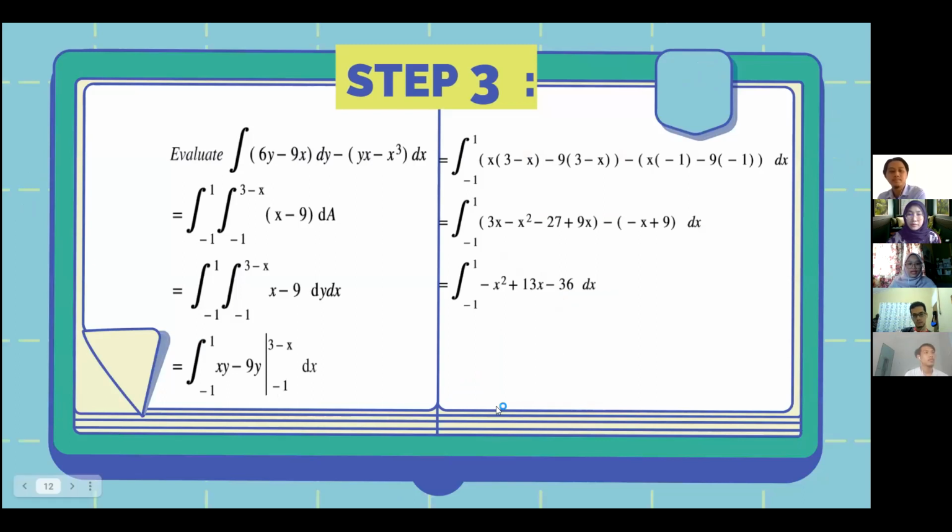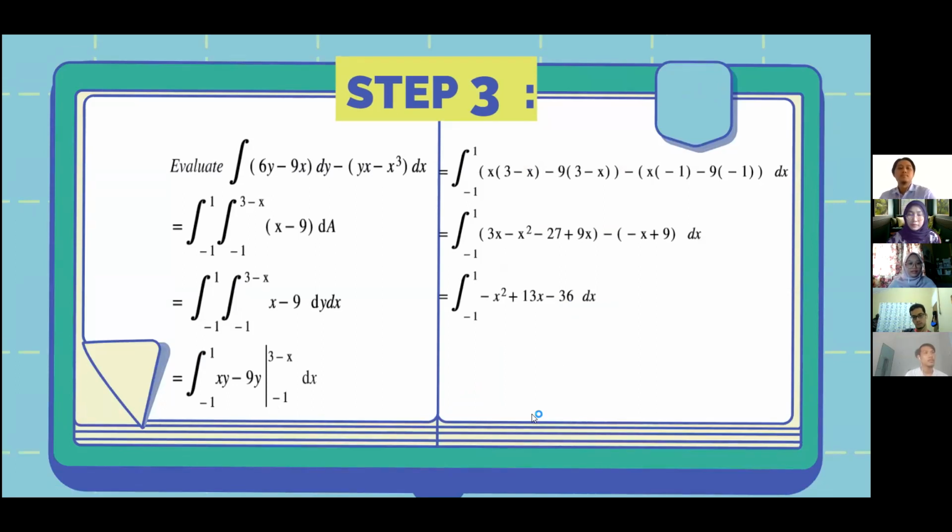Okay, for the final step, step 3, we need to evaluate the integral of (6y minus 9x) dy minus (yx minus x cubed) dx. From step 2, we know that the x interval is from -1 to 1 and the y interval is from -1 to 3 minus x. And from Green's theorem, we got x minus 9 dA.